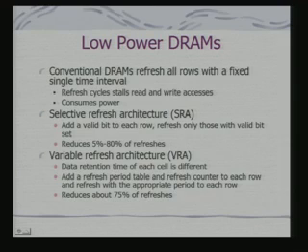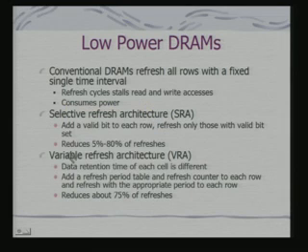Classically, when the refresh takes place, this point is not taken into account. You refresh all the rows when the refresh cycle comes up. In this case, you refresh only those rows for which the valid bit is set. In fact, it has been found it can reduce refreshes by 50% to 80%. It depends on how intensively the memory is actually being used.